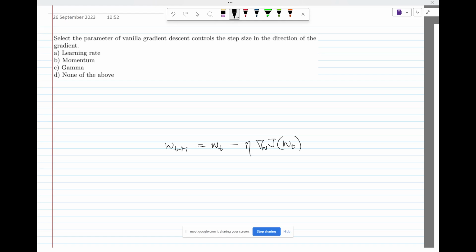So the step size and direction of gradient. This is your gradient, and this is your step size. It is how many times the gradient you want to modify your parameter.